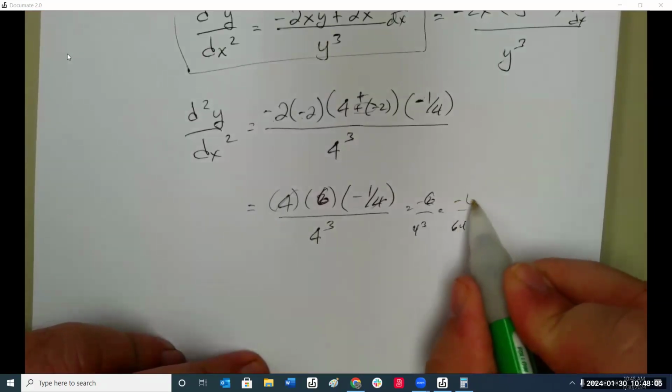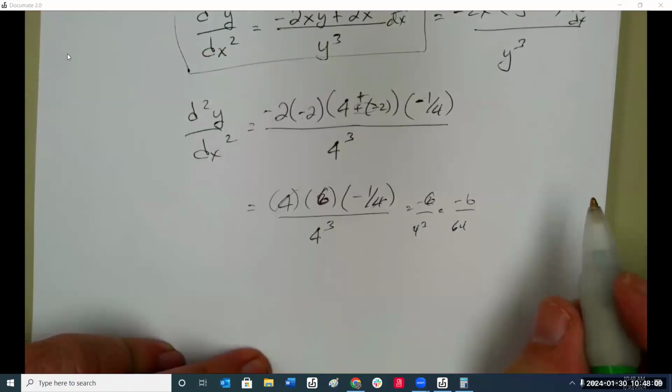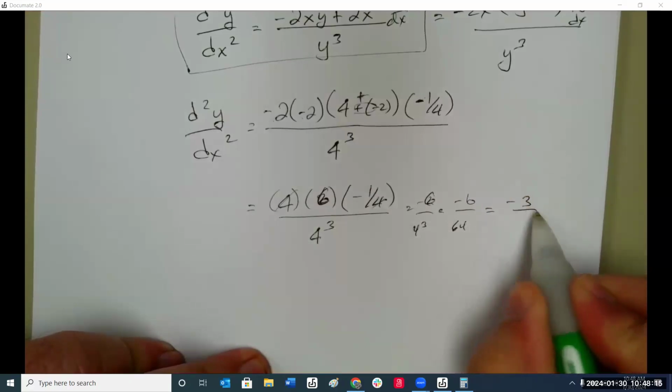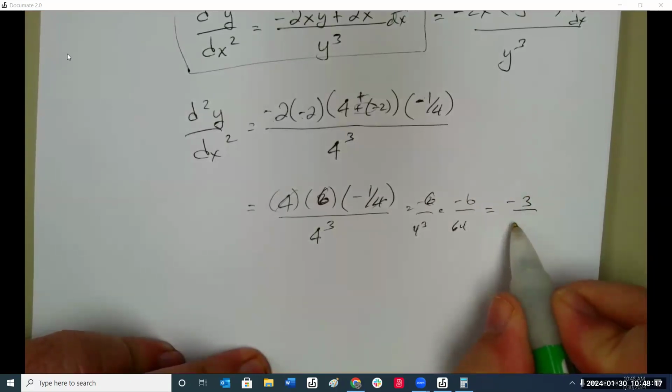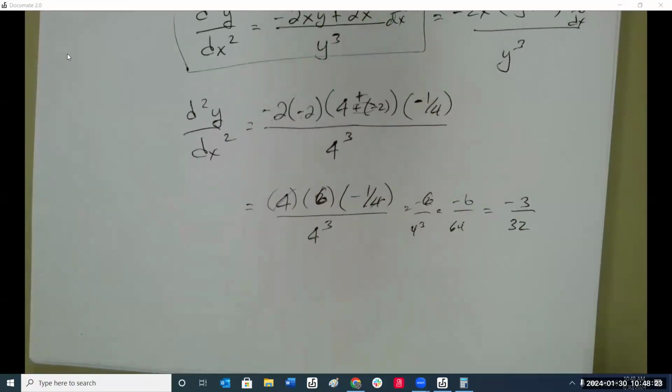So we'll end up with negative 6 over 64, which is negative 3 over 32. Okay, that's if I didn't make mistakes.